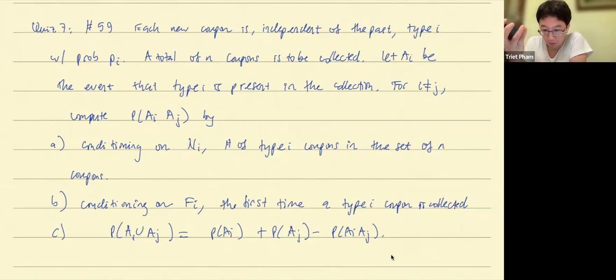So what's the point of the question? Well, depends on how you look at it. The question may not have a point. If your point is to compute P(A_i A_j) as efficiently and simply as you can, then there's no point to this question, because really C will be the easiest thing. I mean, A and B are not too bad, but it's not really the natural way to think of things.